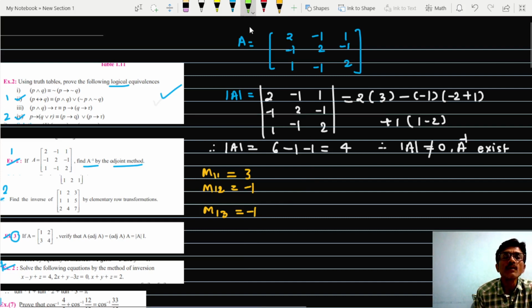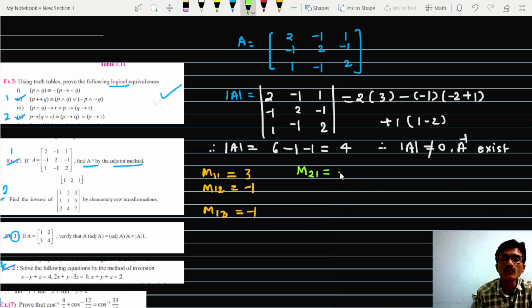Then minor of the second row. m21 is equal to what? Value of this determinant, minus 1 into 2 and minus of minus 1.